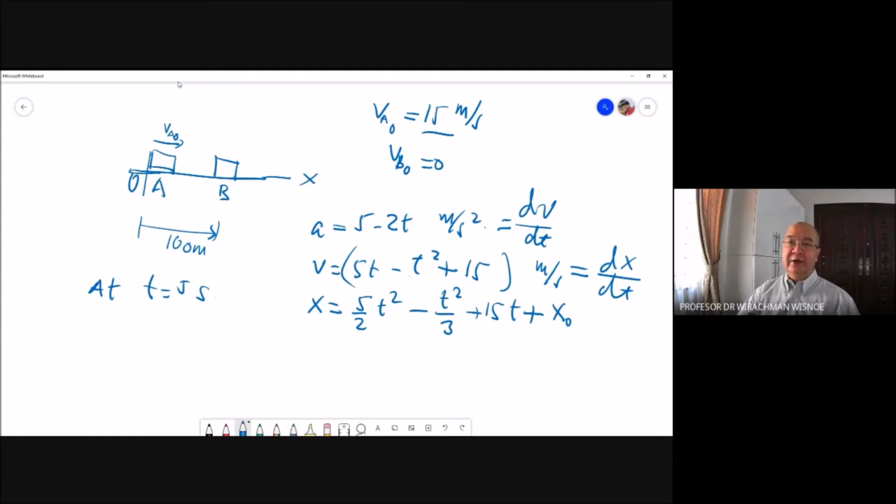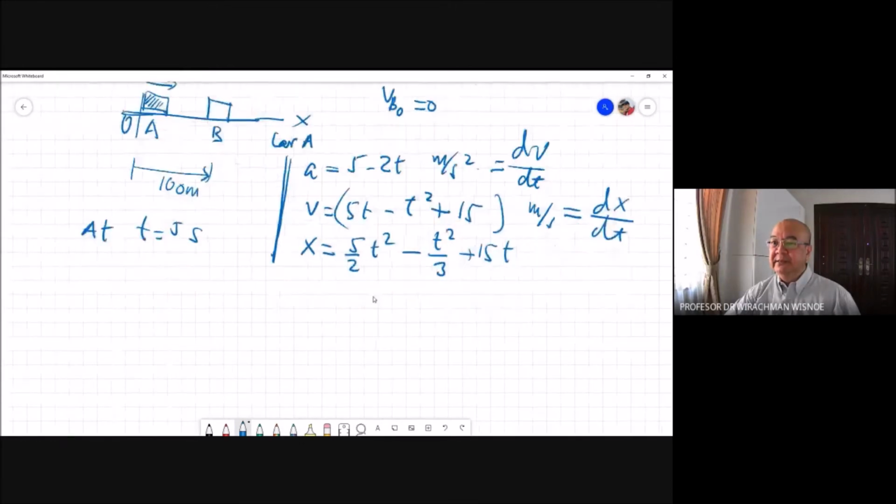But x naught, the position of car A initially, is 0. We have x naught is 0, position at t equals 0. So I can erase it. So these are the kinematic equations of car A.